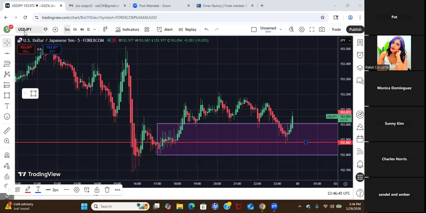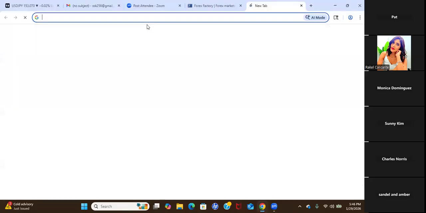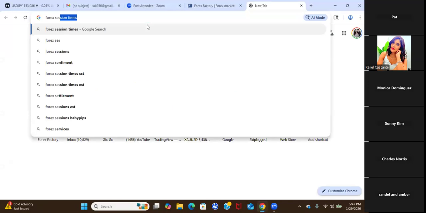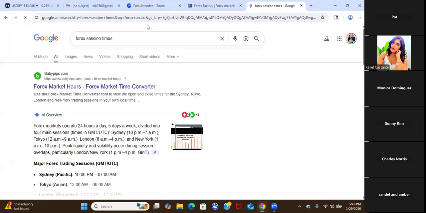Whenever you're talking about the London session and the Tokyo session, is that just determined based on the time of the day? Yeah. London is, let me see, you can just Google it. When you're on TradingView, you don't necessarily have to look for a different chart for London. It's already there, depending on the time.